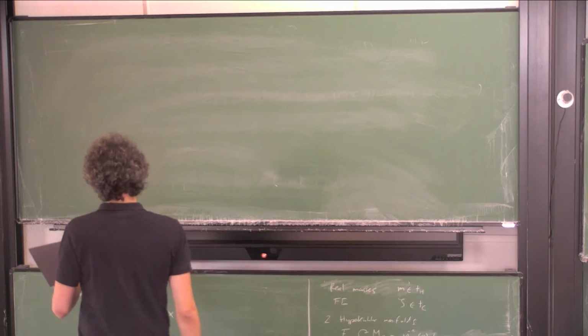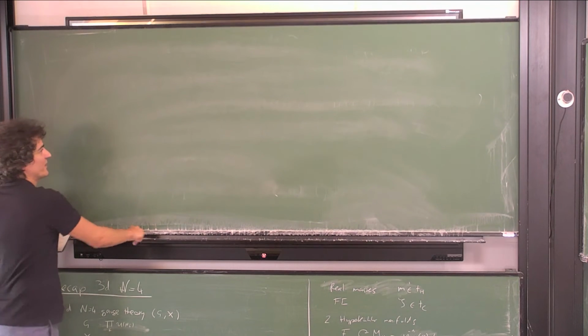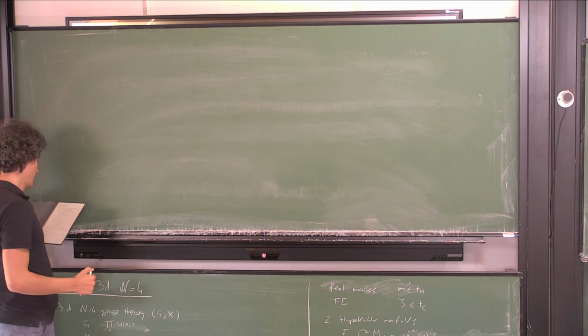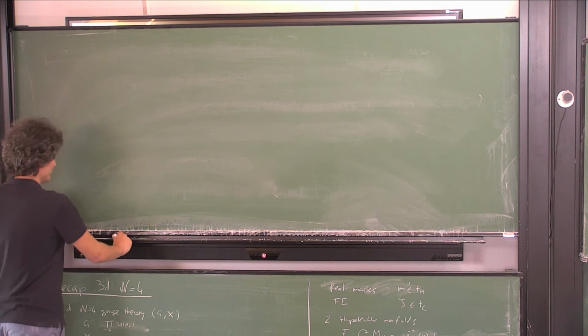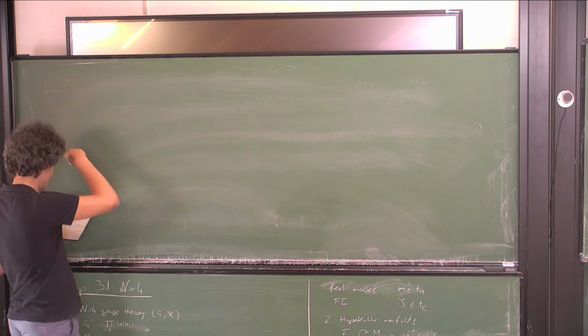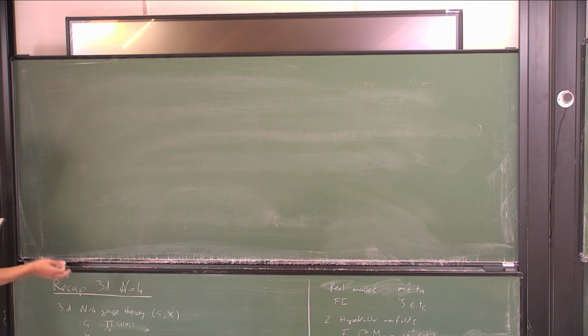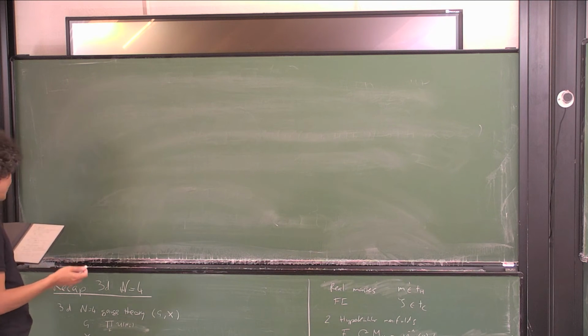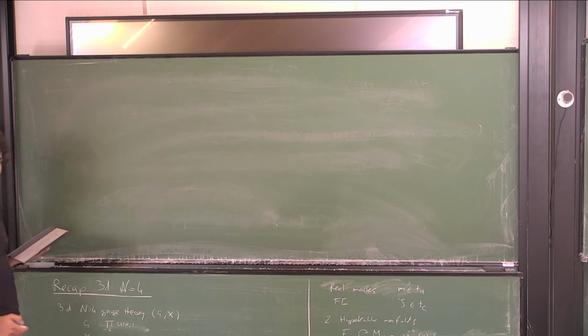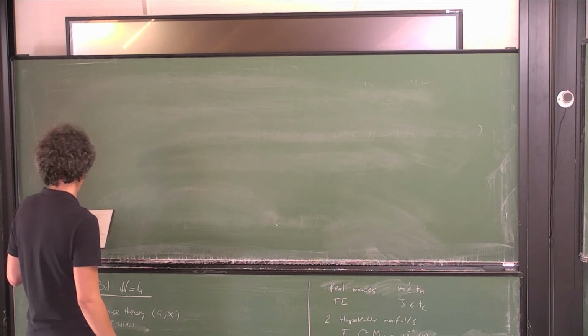Now I want to talk a little bit about operator actions. We noticed that the de Rham cohomology of the symmetric product can be expressed in terms of a Fock space, a graded vector space. And I want to tell you about where this comes from.